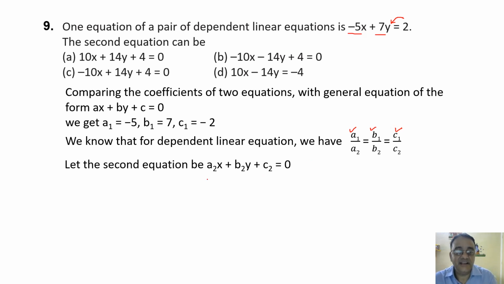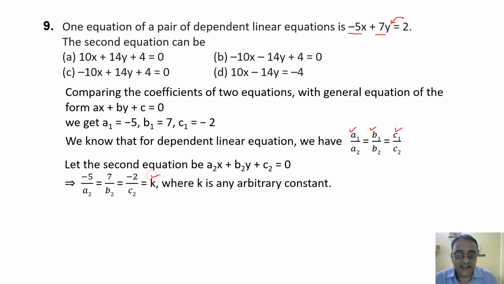Okay, and let the second equation be a2x plus b2y plus c2 is equal to 0. Now k is any arbitrary constant. Now we are going to take k is equal to minus 1 by 2, right? अगर 1 by 2 लेंगे तो भी उसका भी मैं बताऊंगा. If you take k as minus 1 by 2, what values are we going to get?